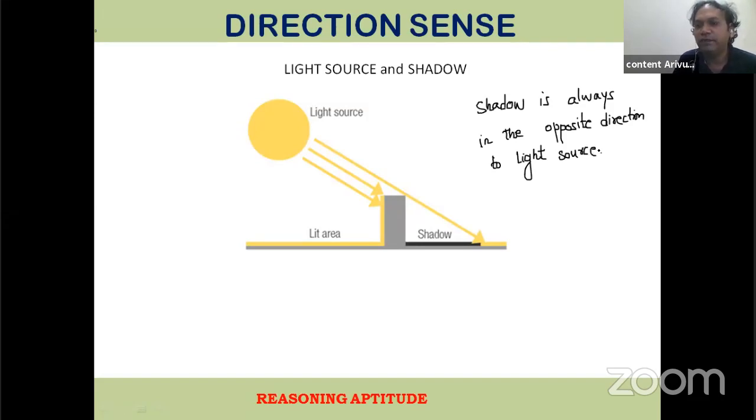I hope all this is something very, very elementary, very basic. You don't have to have any kind of education to know this. Even uneducated people know that. Shadow is always in the opposite direction to the light source.